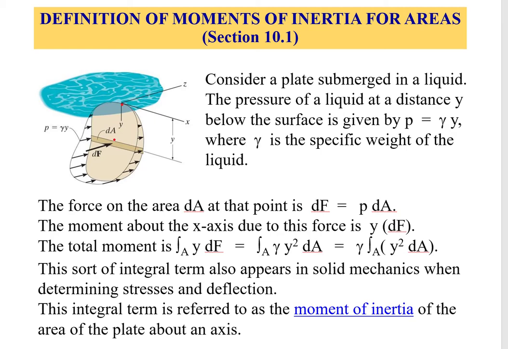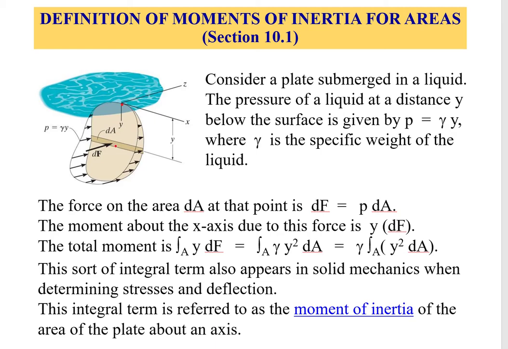The pressure applied by the water on a plate increases as we go down, simply because the water head, or the amount of water above y, is more. Therefore, we expect that the pressure will increase.